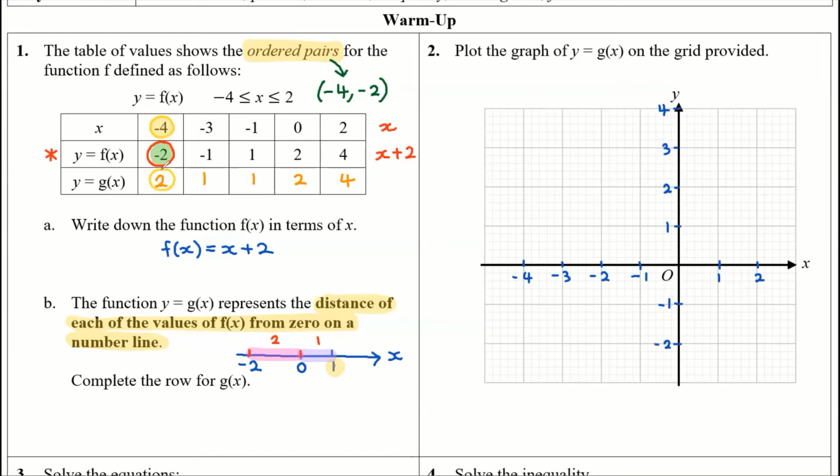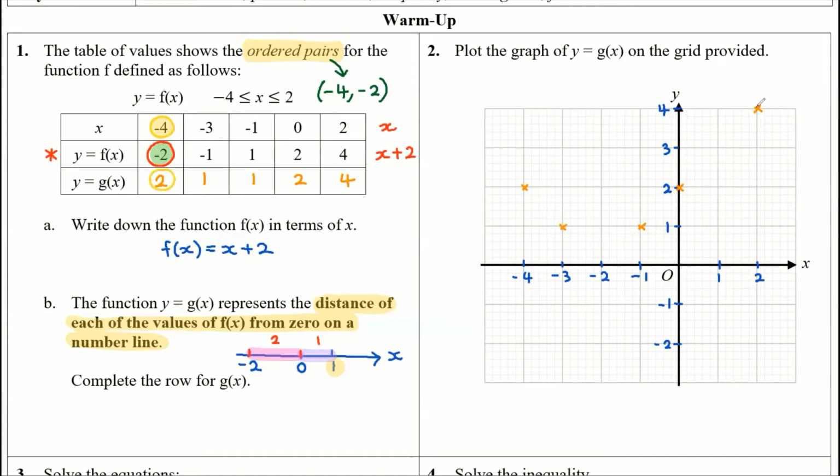So we're going to start at -4, 2. So let's do that. -4, 2. -3, 1. Okay. -1, 1. Okay, this is interesting. 0, 2. And 2, 4.